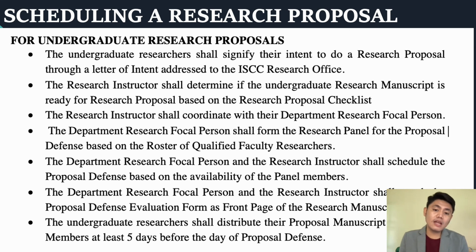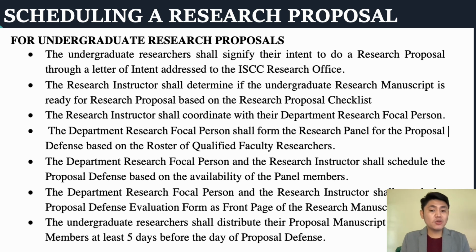Once you have written your intent letter for your research proposal, your research instructor will check your research manuscript and they will check the different parts of your research manuscript using a checklist, and that will be used to signify that indeed your research manuscript already contains all the things that are needed for a research proposal.